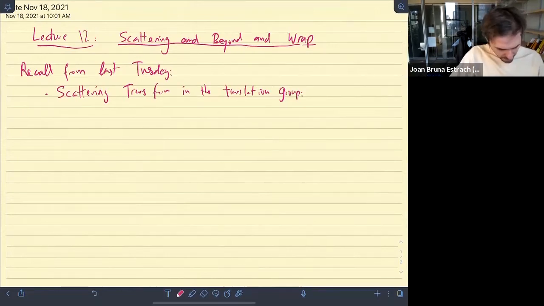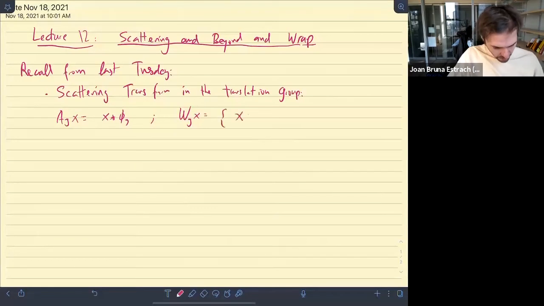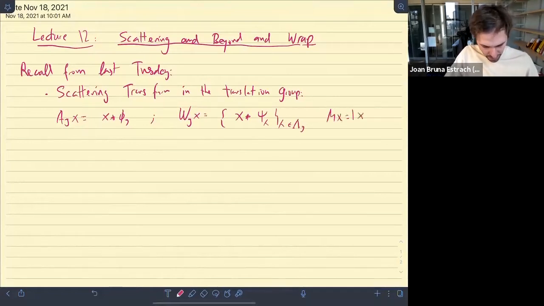So remember, we had this A_J of X, which is just a convolution with a low-pass filter. Then we had these bandpass filters, which were a collection of wavelet filterings, where lambda was in a certain set of scales and orientations. And then we have this nonlinearity that in our case was just the absolute value, the modulus.